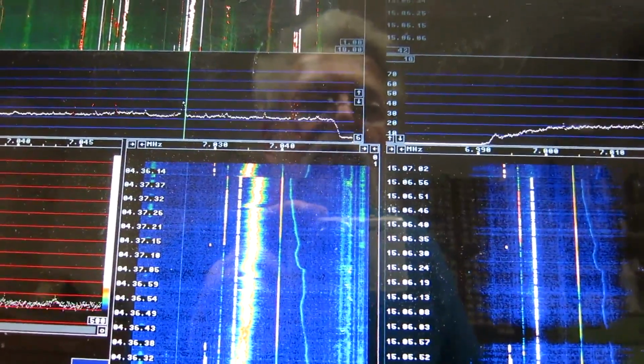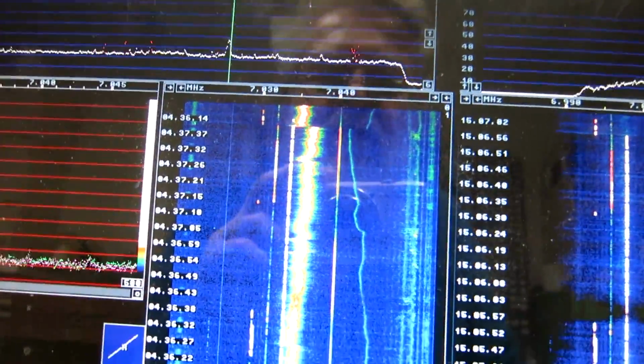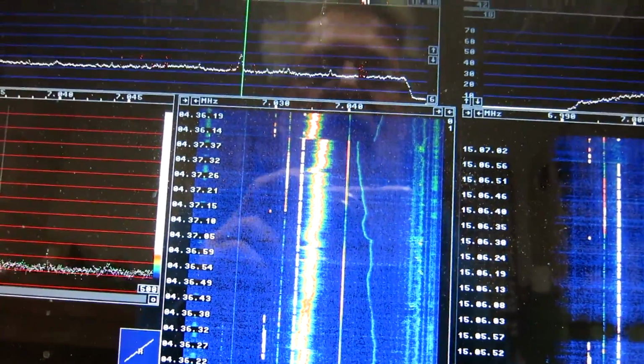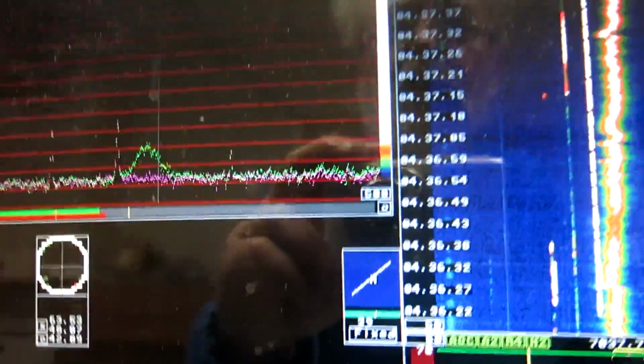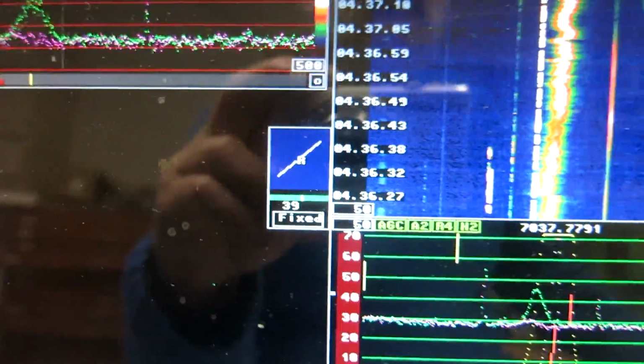And now we will soon come to that interesting part of the recording. And I will look at the polarization graph when that happens.